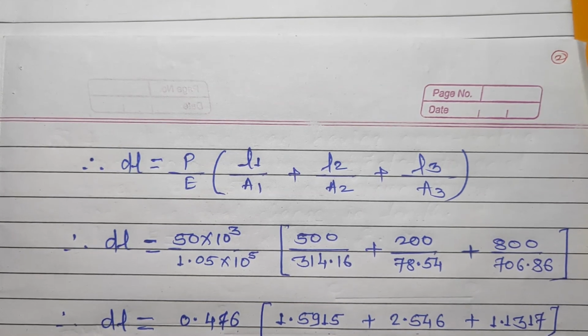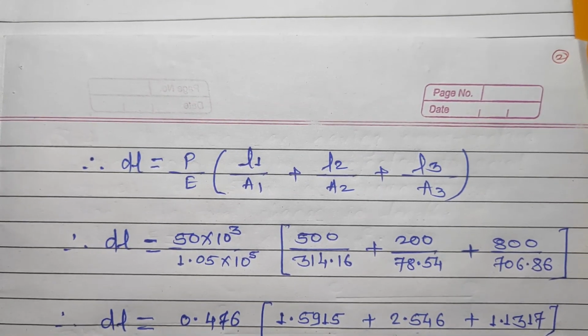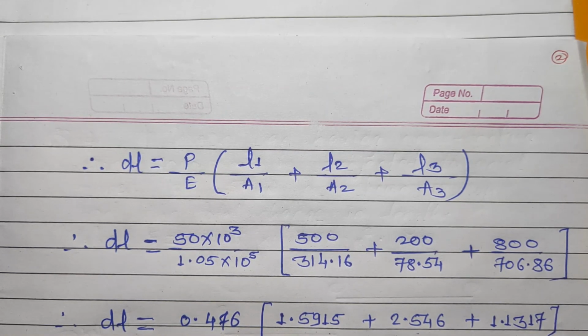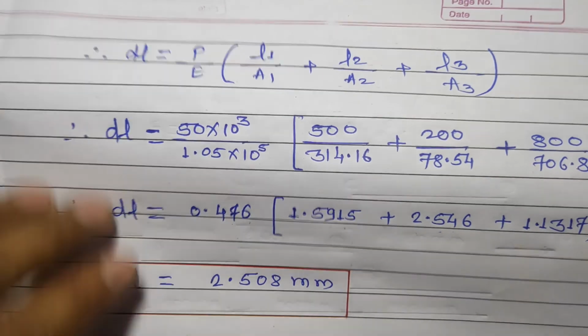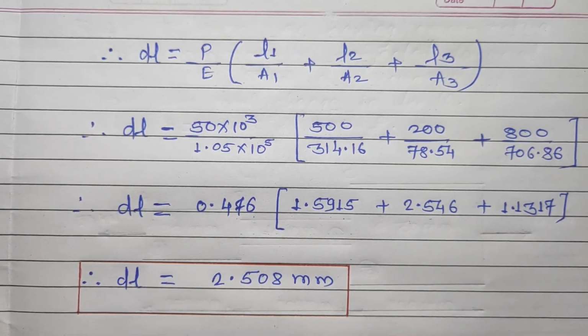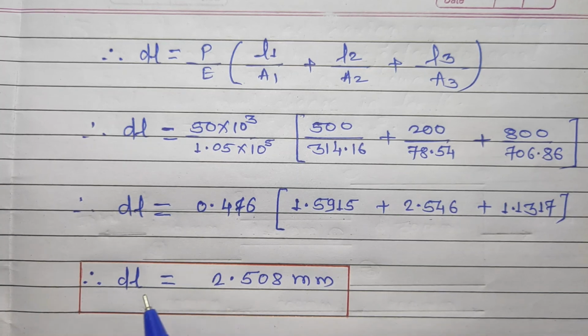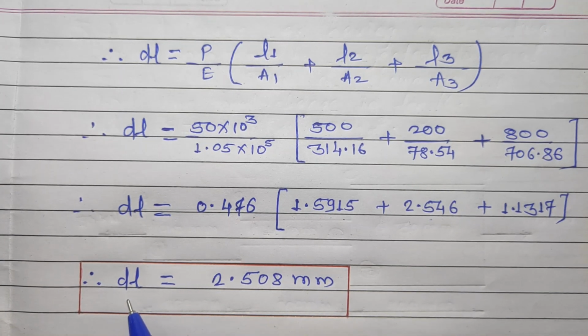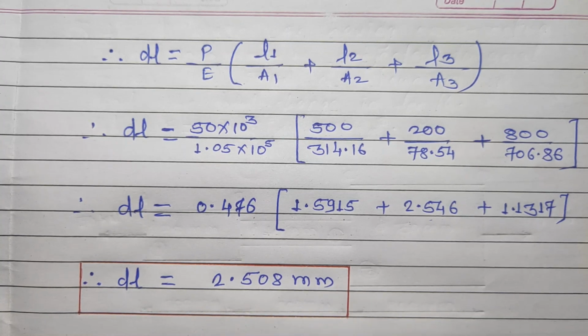So if you calculate the change in length dl by solving the above expression, we'll get the value of dl as 2.508 mm. So we can say the total change in length due to application of force 50 kilonewton for the given section is dl equal to 2.508 mm.